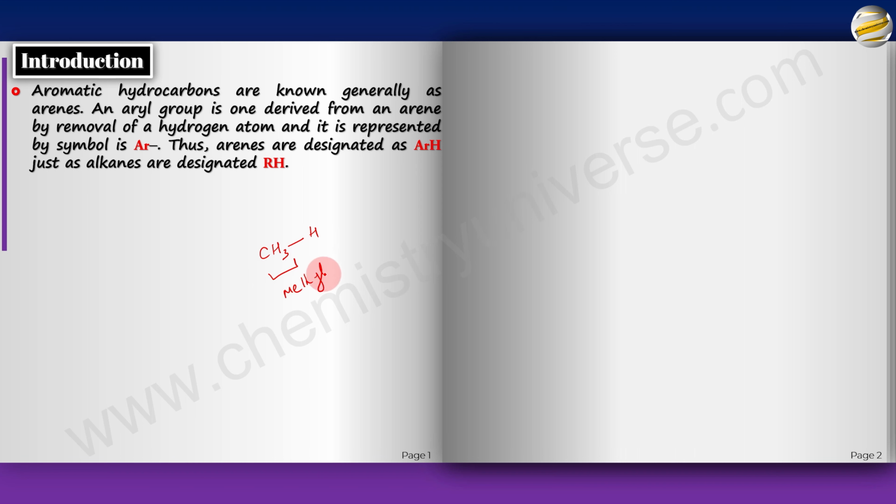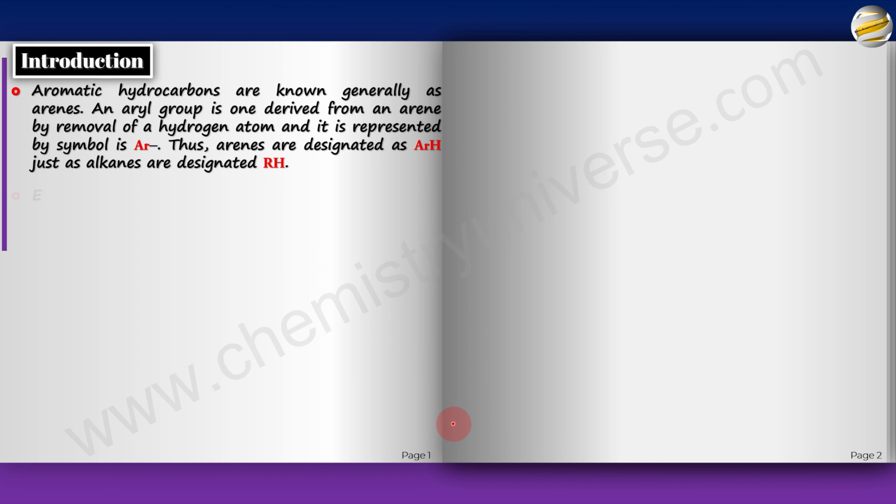So when a methyl group is attached to a hydrogen, we call it methane. Similarly, an aromatic hydrocarbon would be an aryl group attached to an H, and this particular one is called benzene. This part is the aryl group. If it is only the benzene part, then we call it the phenyl group. But in general, it is known as Ar. So ArH would be an aryl hydrocarbon, just like RH is an aliphatic hydrocarbon.